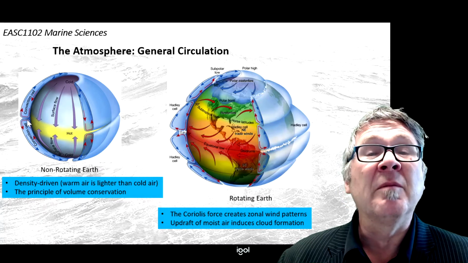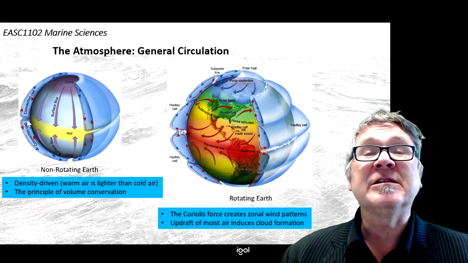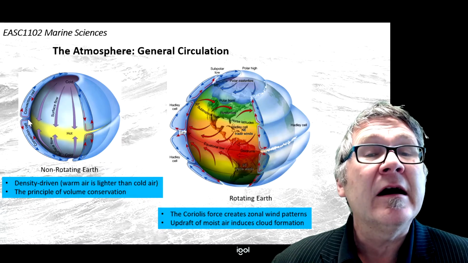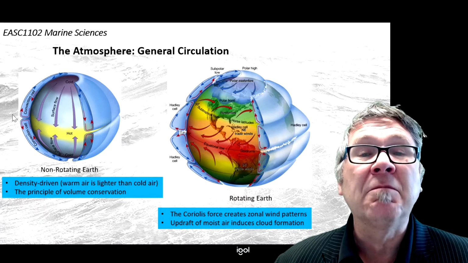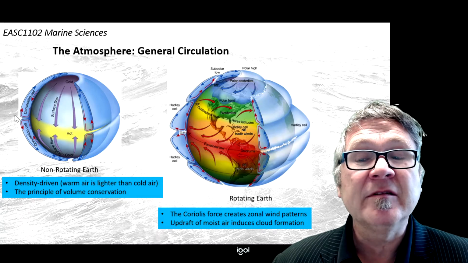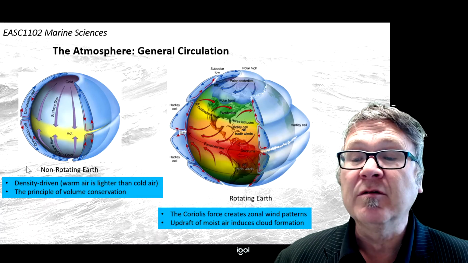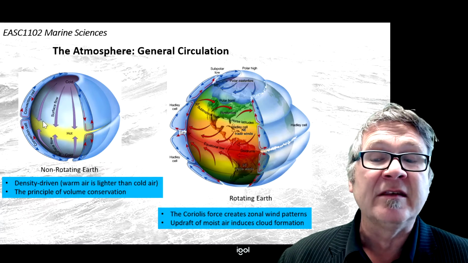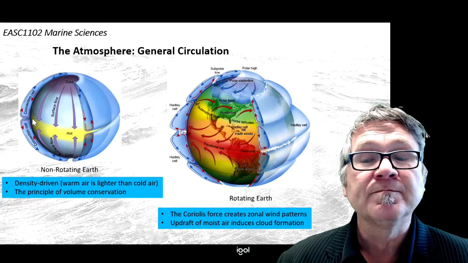The important principle in fluids and gases is the principle of volume conservation. If you move air away from the equator, upward, it has to be replaced. So there is a replacement flow from the south and from the north that fills up the air that you lose by what we call an updraft, a vertical upward motion.